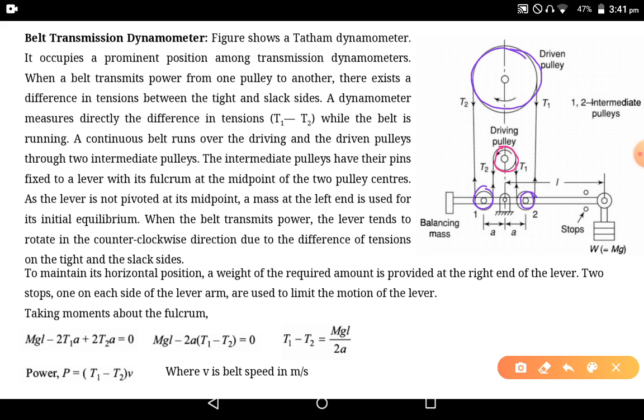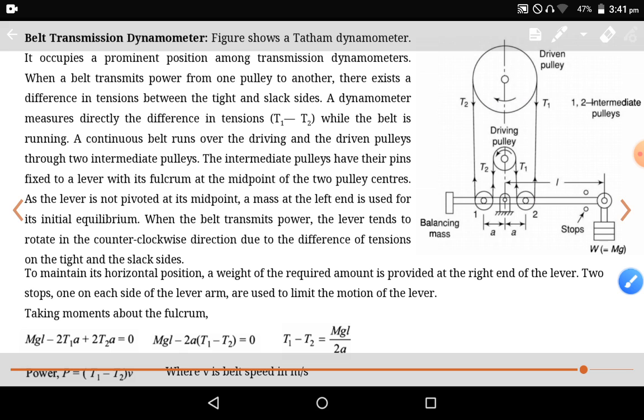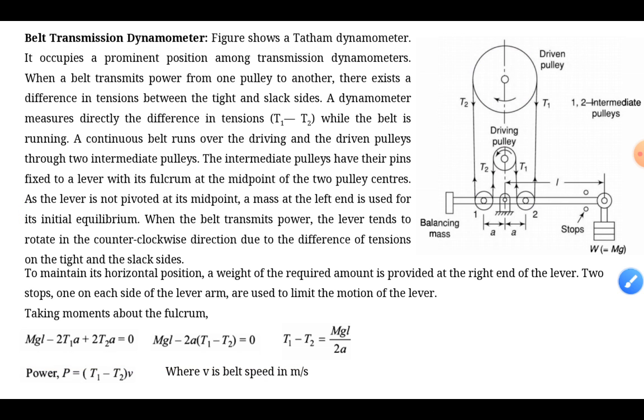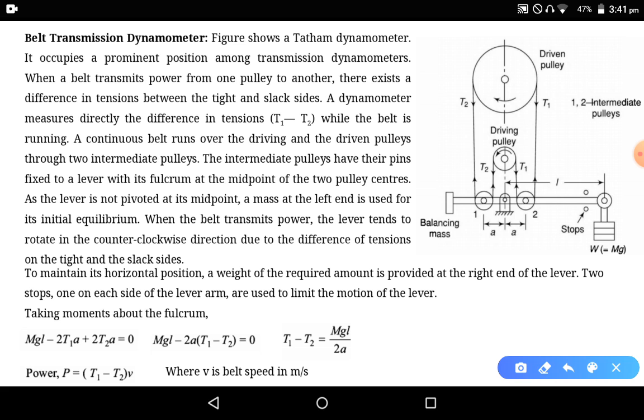So what happens when this driving pulley will rotate? When this driving pulley rotates, there will be two sides of the belt. One will be the slack side and the other will be the tight side, right? So see here, T2 is the slack side and T1 is the tight side, right?